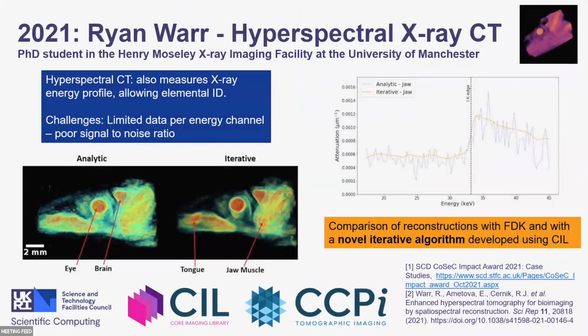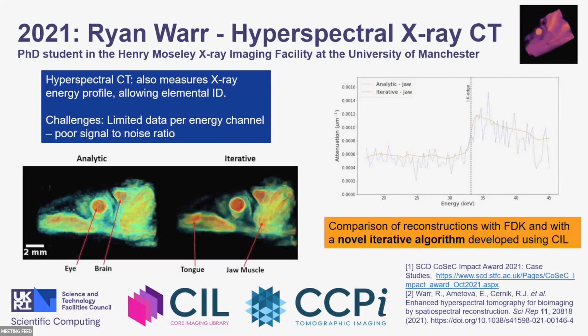This imaging modality provides additional information on the energy of the X-rays measured on the detector. So for each pixel, the measured X-ray photons are divided into up to 200 bins according to their energy. And this means that we're able to obtain a 3D reconstruction for each of these energy channels.